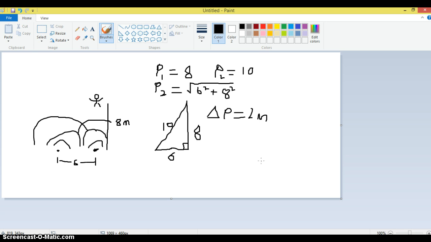Well, we know that the second wave coming from the speaker right here will be 2 meters behind the first, right? So they will be in phase, and that will cause constructive interference. Okay, so that was part B.